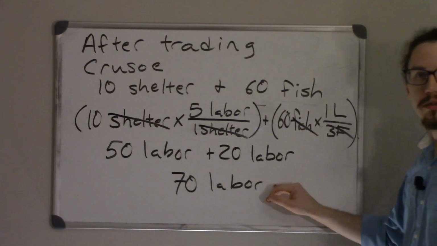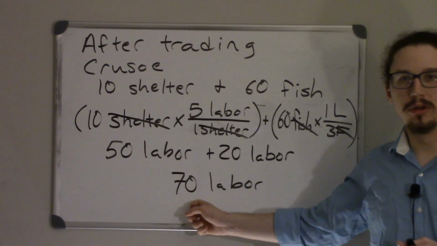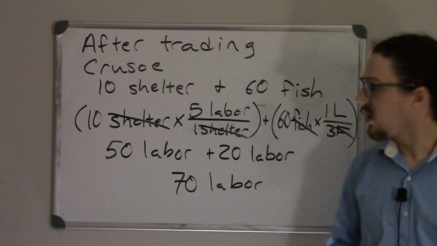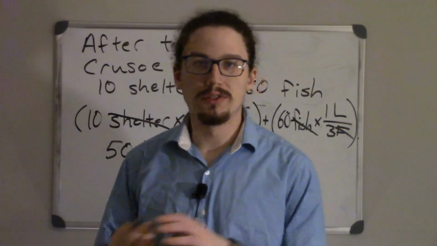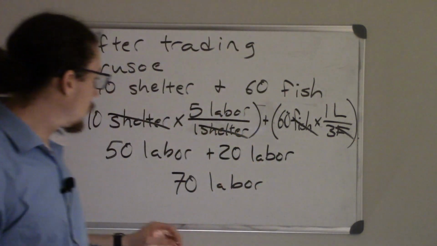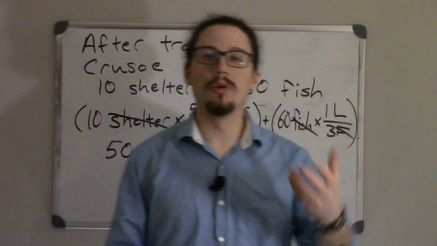So with trade, Crusoe is made better off. This is not a possible level of production for Crusoe. If there is no trade, Crusoe would not be able to consume 10 units of shelter and 60 units of fish. That would have been impossible.